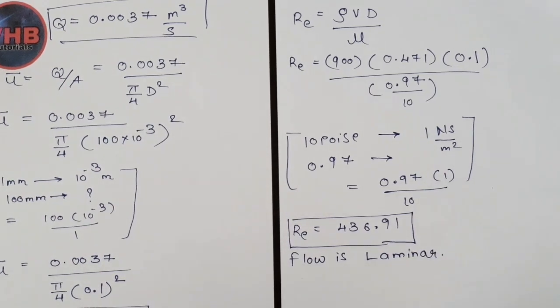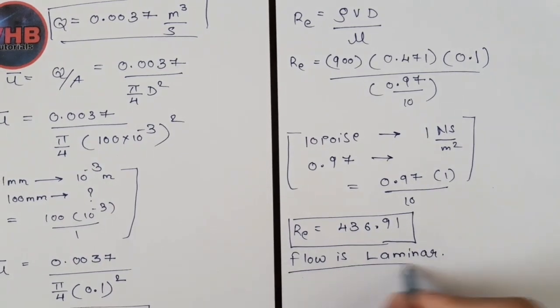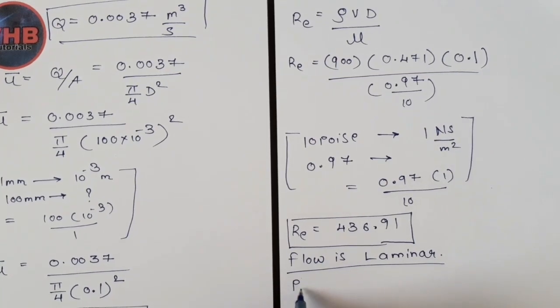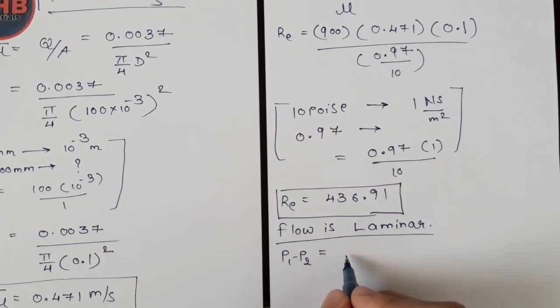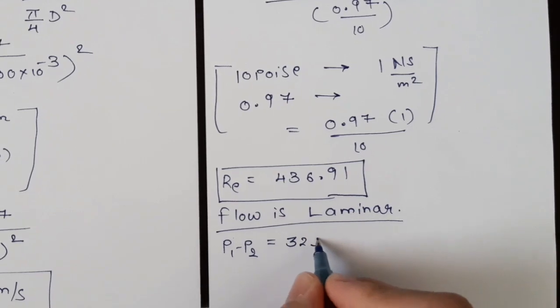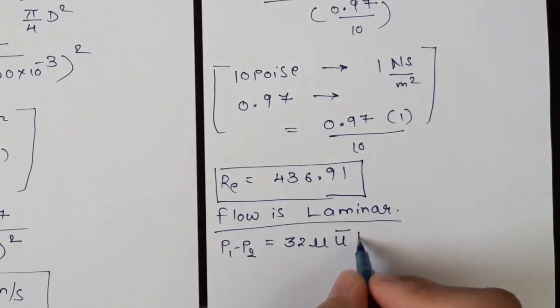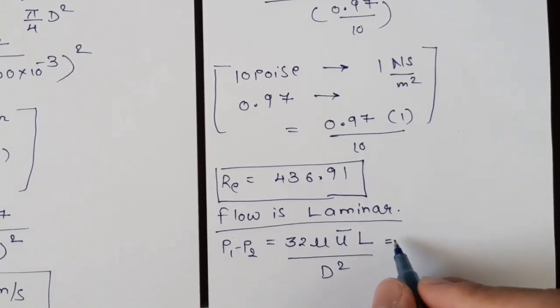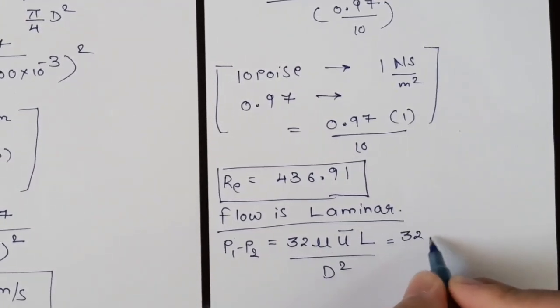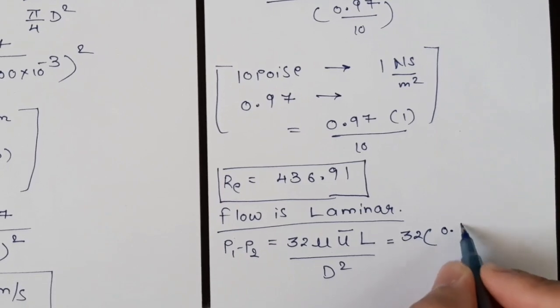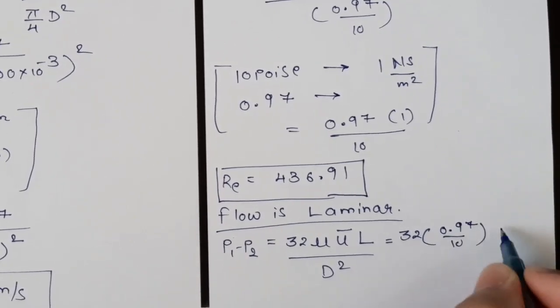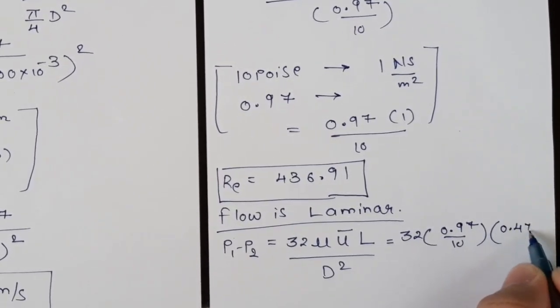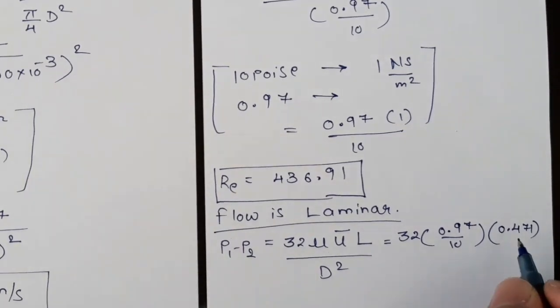So if the flow is laminar, then we can use the equation P1 minus P2 equals 32 mu U bar L upon d square. We have all the values, that is 32. What is mu? Mu will be 0.97 divided by 10. What is U bar? It is 0.471. What is the length of the pipe?